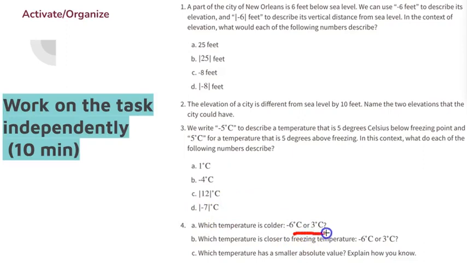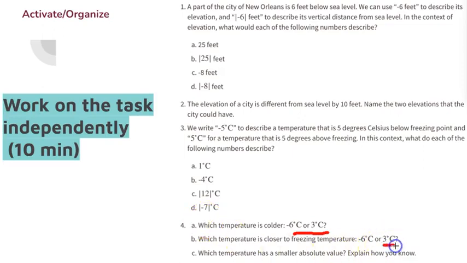Let's look at this real quick. Which of these two temperatures is colder, -6 or 3 degrees? Yeah, -6 is colder, right? It's further to the left on a number line. On a thermometer, it would be lower than the 0. So it is colder.